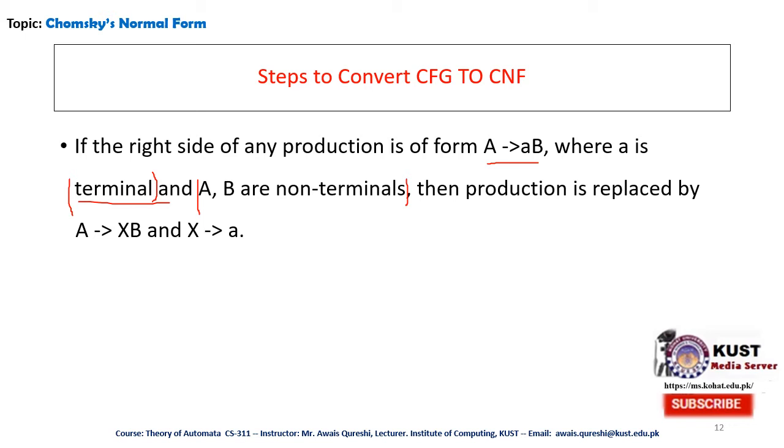So first we have to remove this terminal from this place, and we'll create a new rule which is X implies a, and we have used this X over here. Here you can see we have the length restriction as well, a non-terminal ending in 2 non-terminals. So this is the way with which we convert any CFG to CNF.